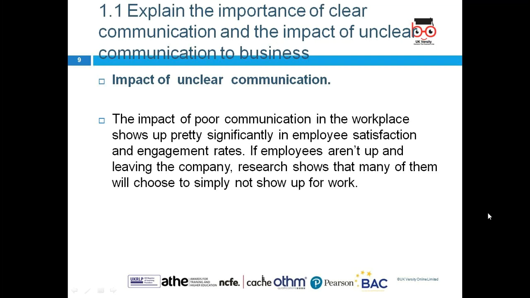So if your employees don't know what's going on or they're unclear about their job roles, they're not having job satisfaction, they'll probably end up leaving your company, or they might just say, nah, I'm not coming into work today because I have no clue what I'm actually meant to be doing there. So having clear communication is very important, and when you have unclear communication, it can impact your productivity, your efficiency, and your retention rates, how many people you'll actually keep at work as well.